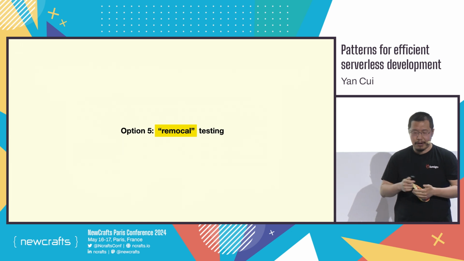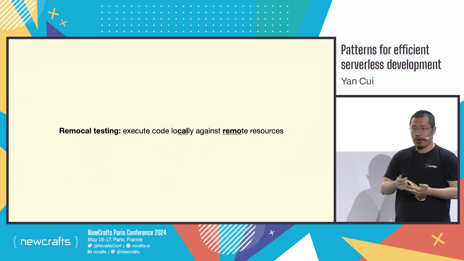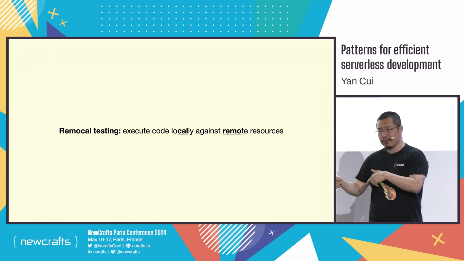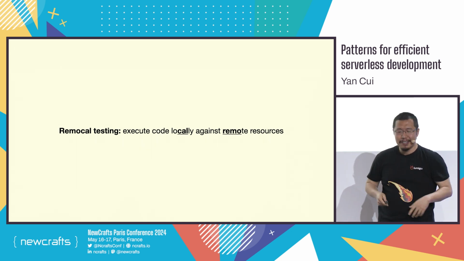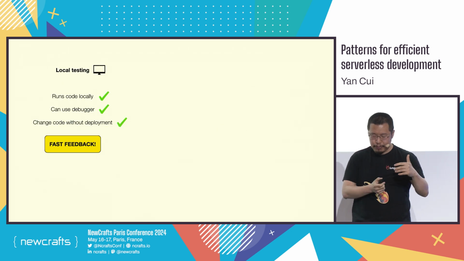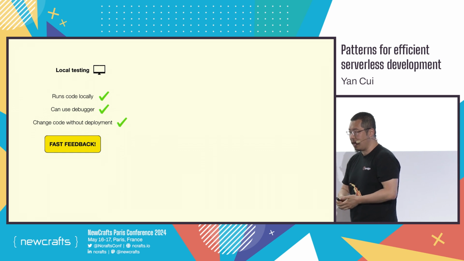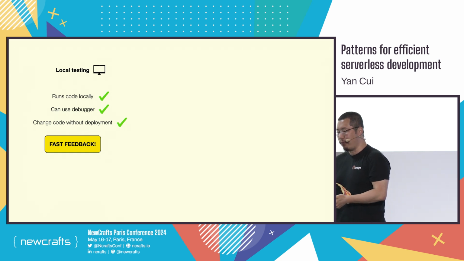This is when you execute your code locally against remote resources, hence the name remote code testing. This approach basically combines elements of local testing, where you run your code locally so that you have that fast feedback loop. You can put breakpoints in your code.